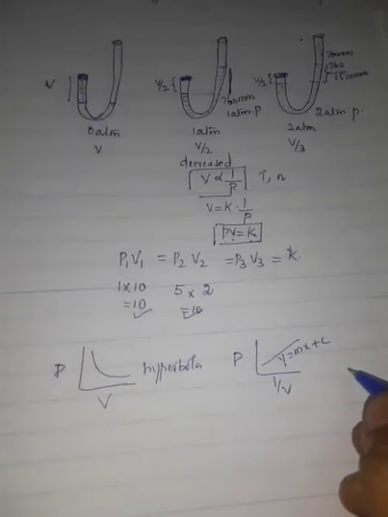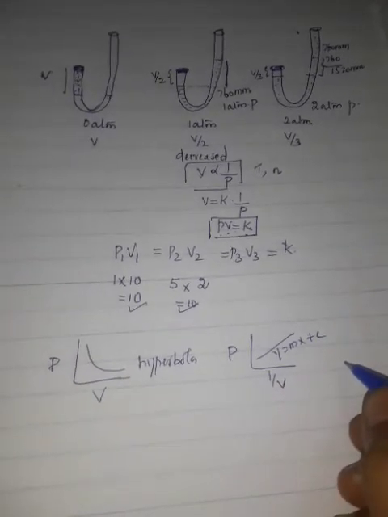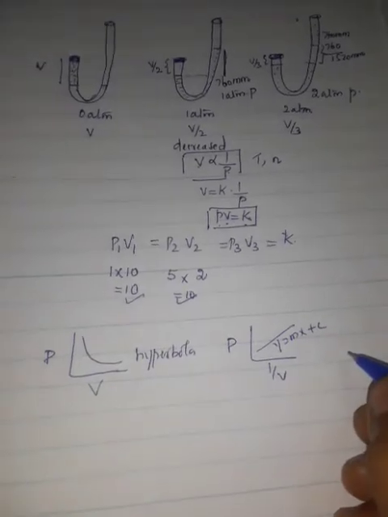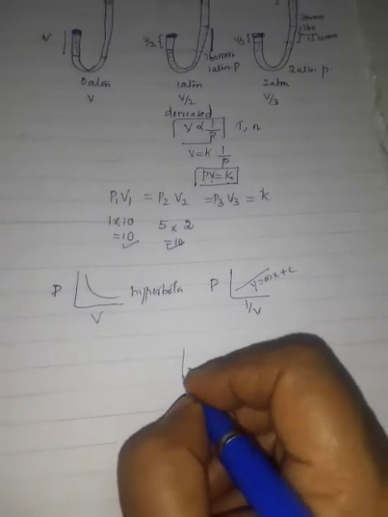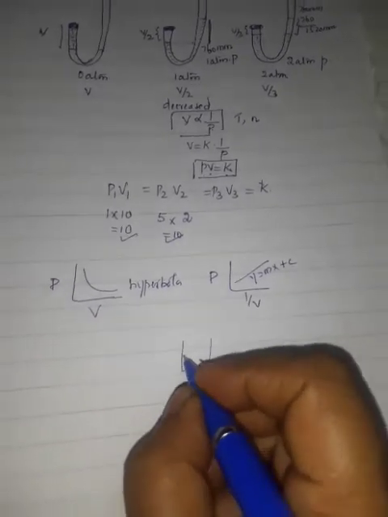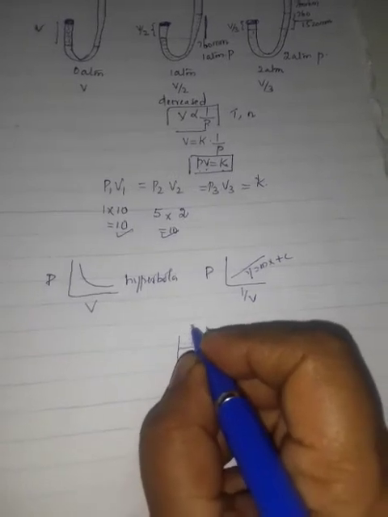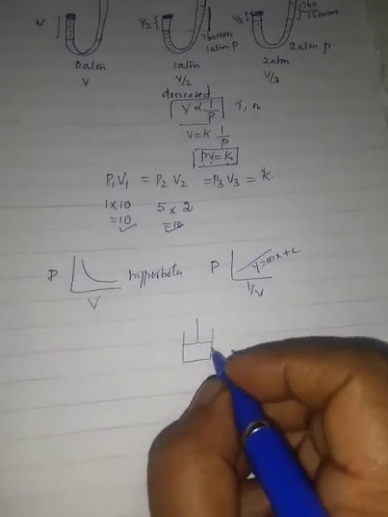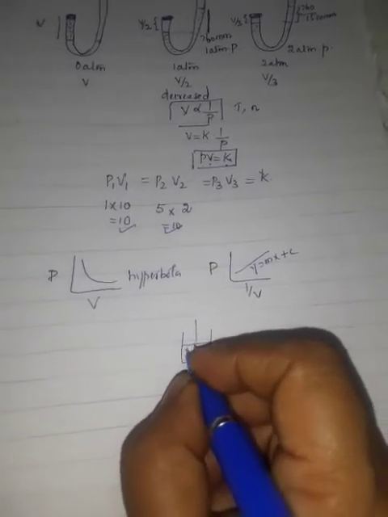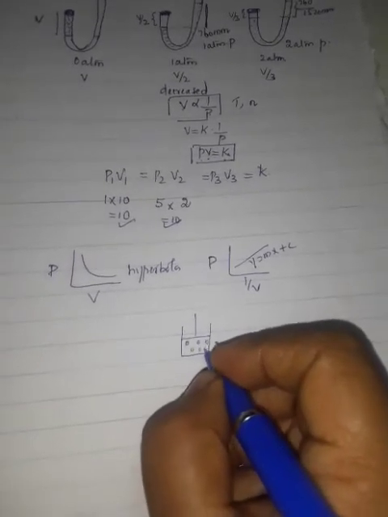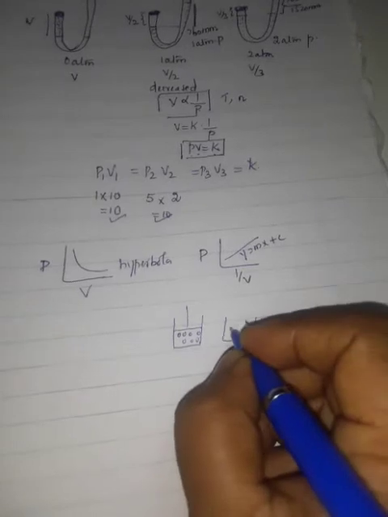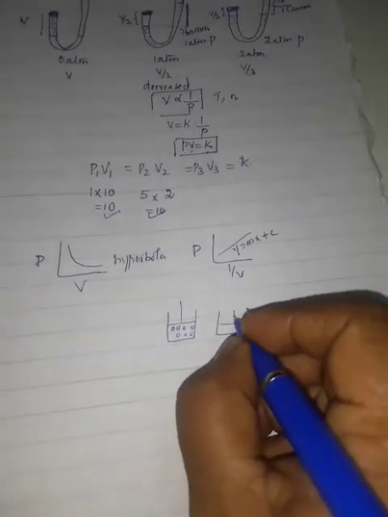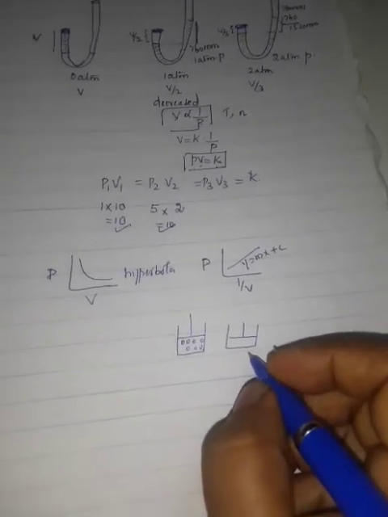The PV relationship can be understood once more as follows. Consider a cylinder having a piston, and here gas molecules are kept. Suppose the piston is pushed in, what happens?